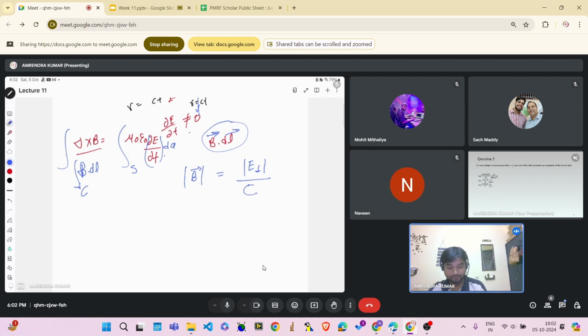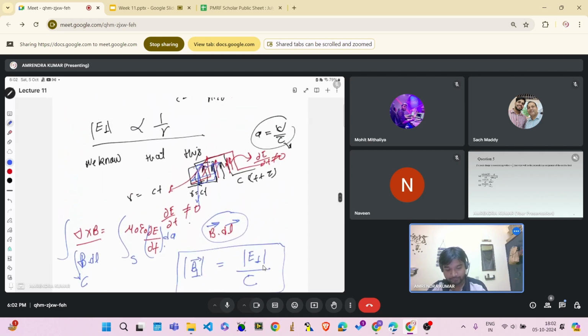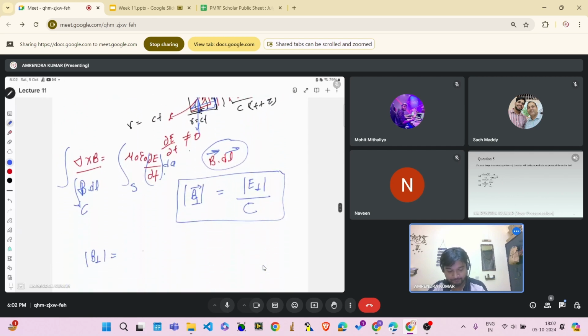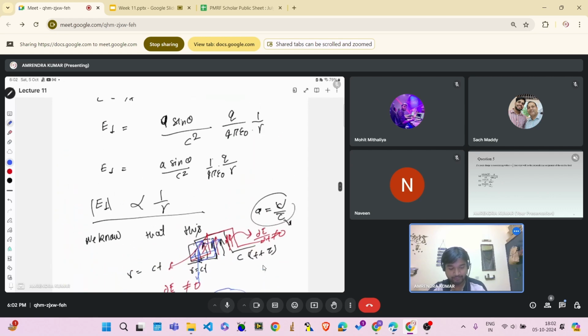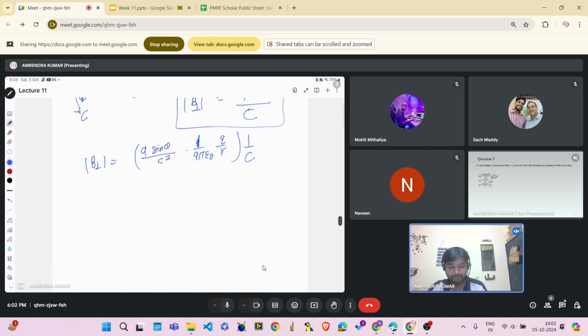So it will have this relation, and from here we can just write B perpendicular is equal to E over c, where c square here into 1 over 4 pi epsilon naught q over r, but divided by 1 by c. So this is the relation.